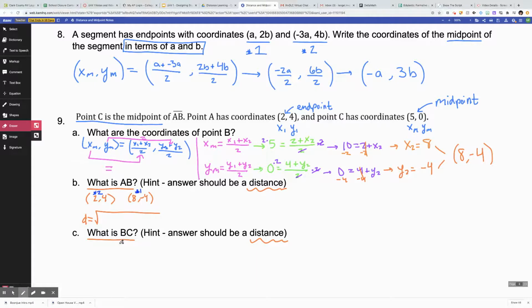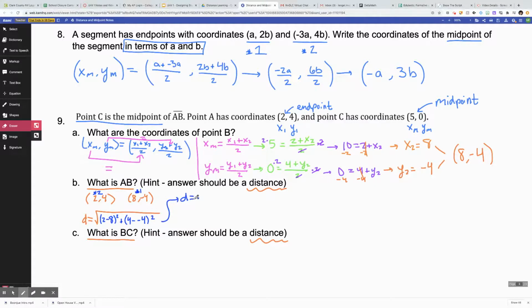Okay. So I'm going to go ahead and plug that information in. So I have x2 minus x1 is 2 minus 8 squared plus, right, and then y2 minus y1 is 4 minus negative 4 squared. Right, so let's go through our process here.